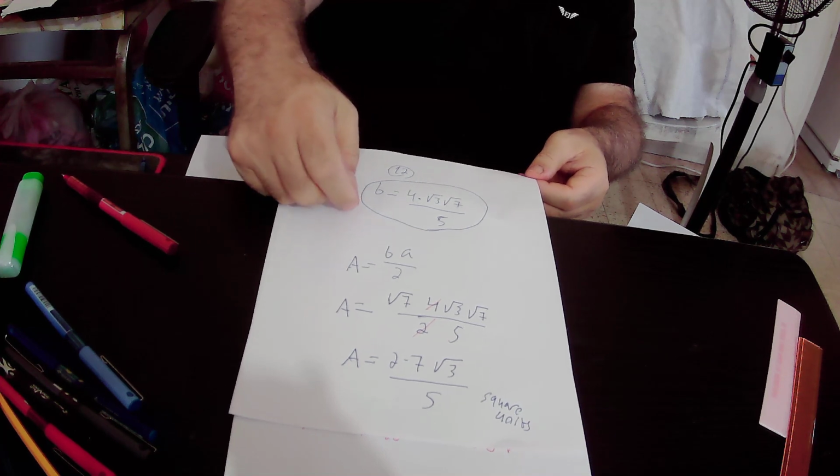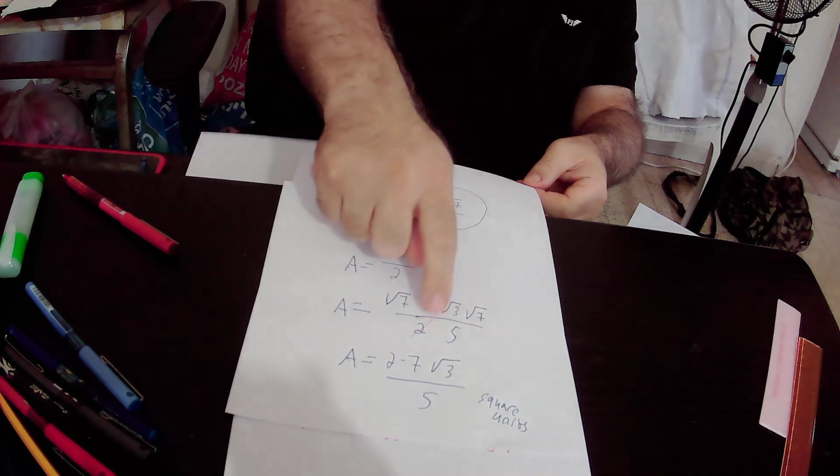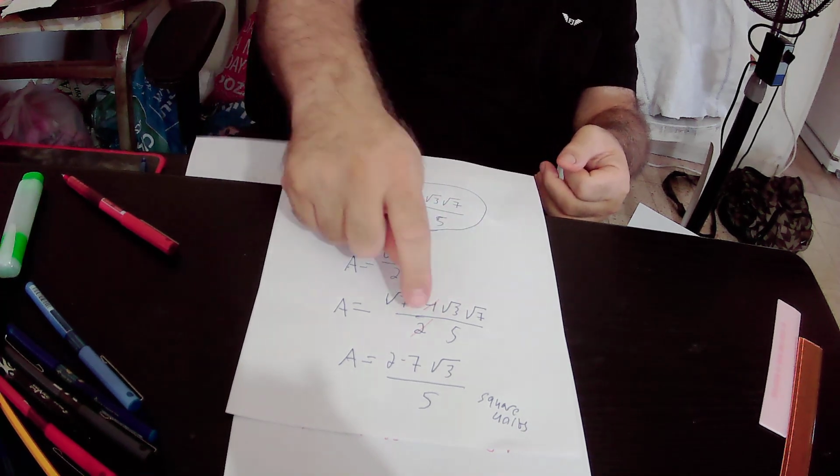We know that A equals to root of 7 and B equals to this expression, and all divided by 2.